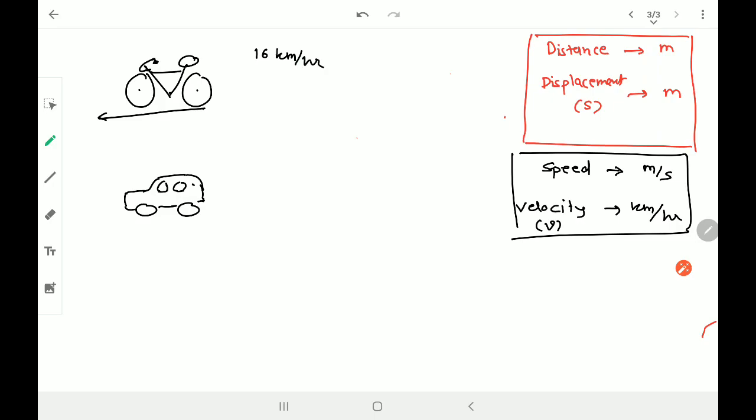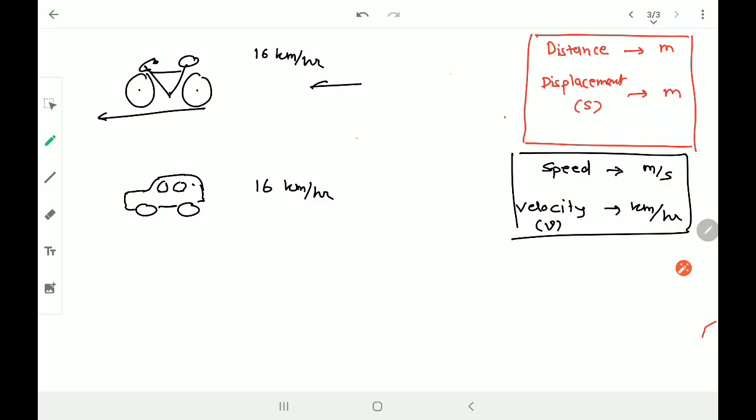Okay, I'm using a different unit. And the car is also taking 16 kilometer per hour speed. So now do you think a cycle and a car are working in a similar manner? I don't think so. The car is moving with the same speed as the cycle, that is 16 kilometer per hour.